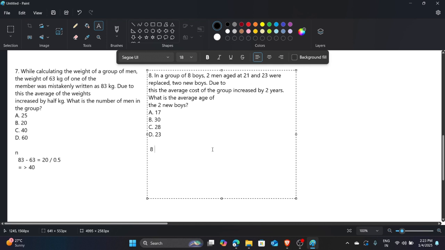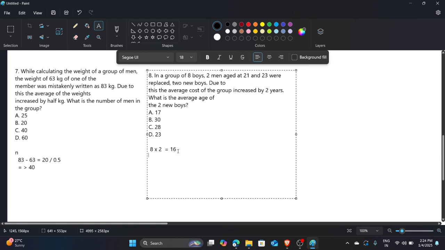It means if the age of each of the 8 boys increased by 2 years, the total age increased by 16.